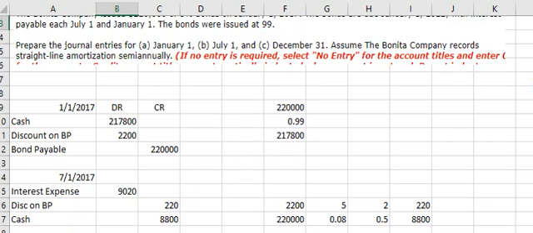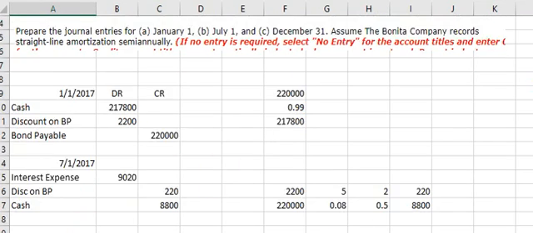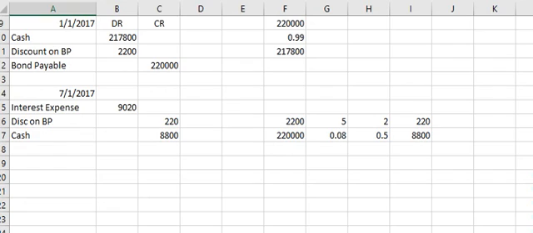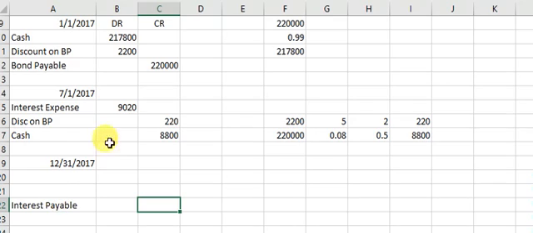Now we got to do the December 31st transaction, where the assumption again is that it's December 31st and you don't pay until January 1st of 2018. So really you're just going to record the interest payable. That's the first easy one to know, and that is totally the cash entry again. So it's exactly the same since there's no changes to this.